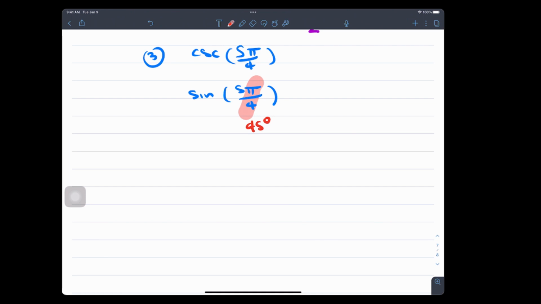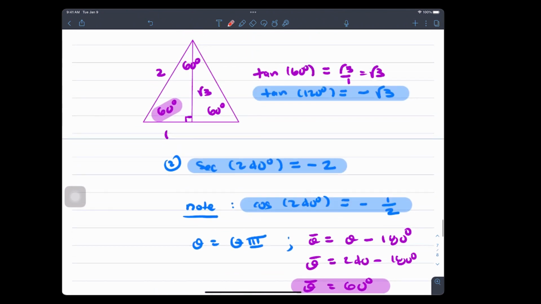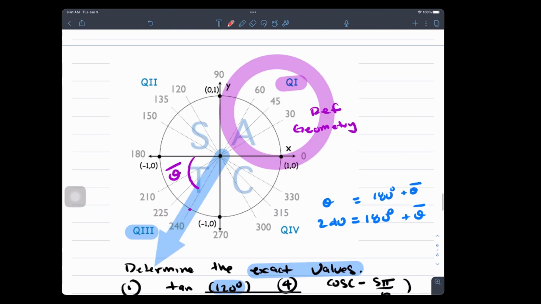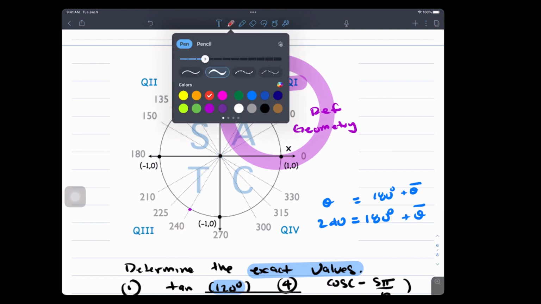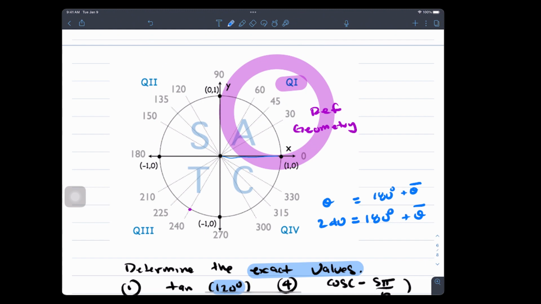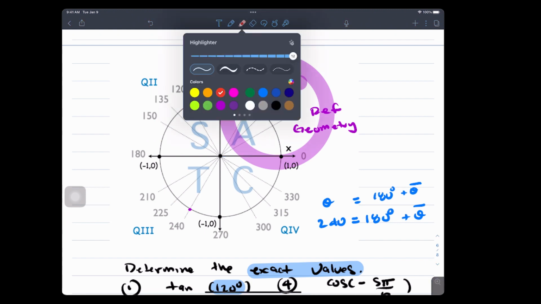So 5 pi over 4 is like 5 times 45 degrees. You guys okay with that idea? It's multiples of 45 degrees. So if I said to you guys, let's figure out what quadrant that's in, here's kind of what I do with this.